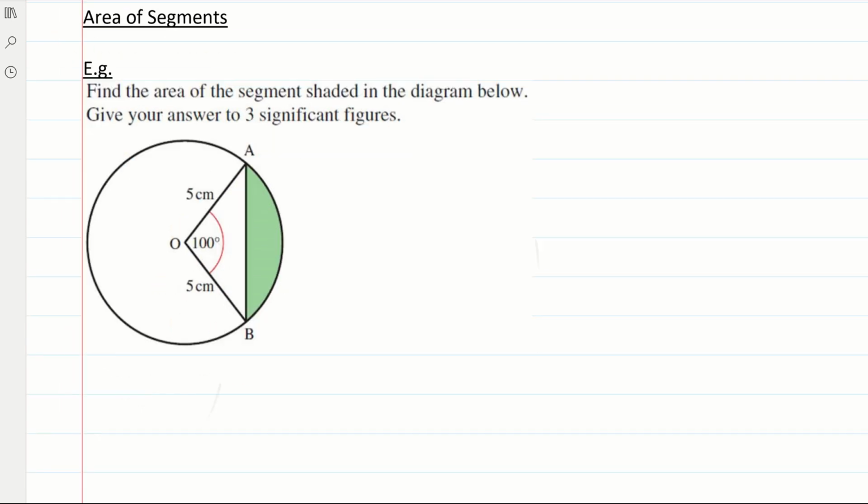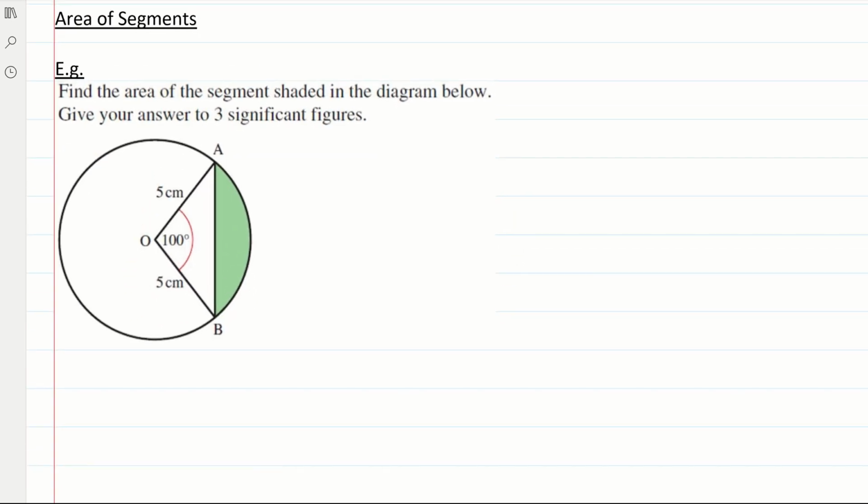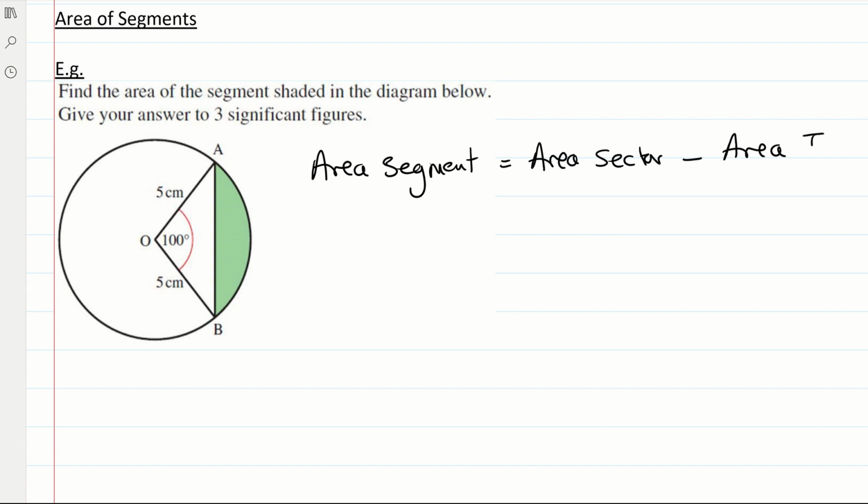Well, I hope you note that the area of the segment is really the area of the full sector, and I take away the area of the triangle. So area of segment is area of sector minus area of triangle.